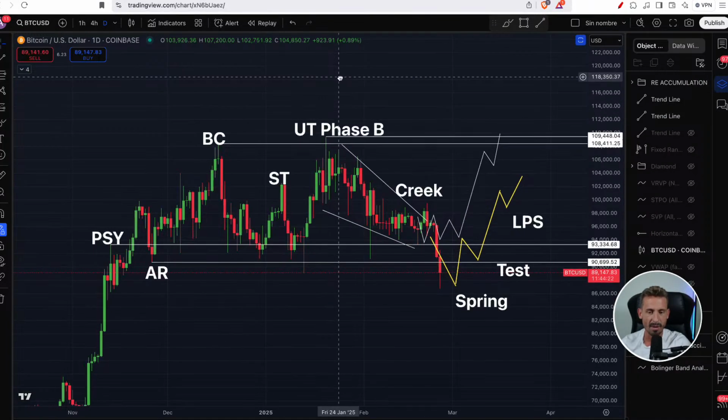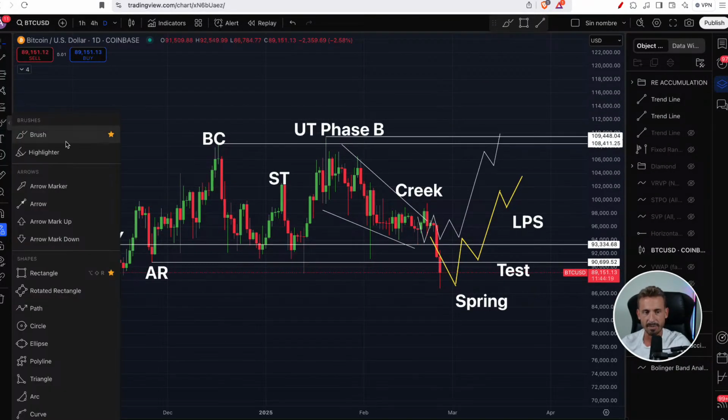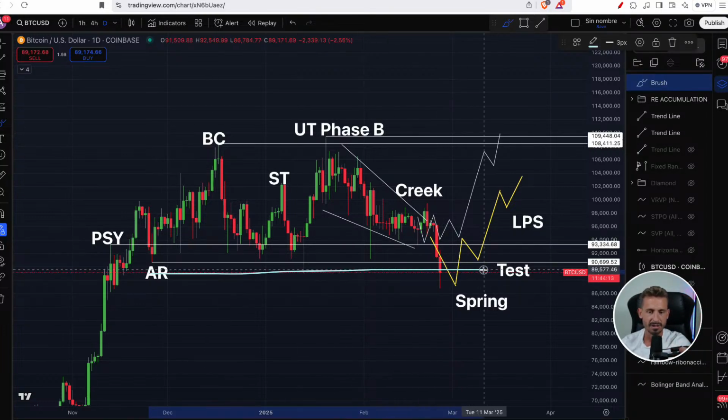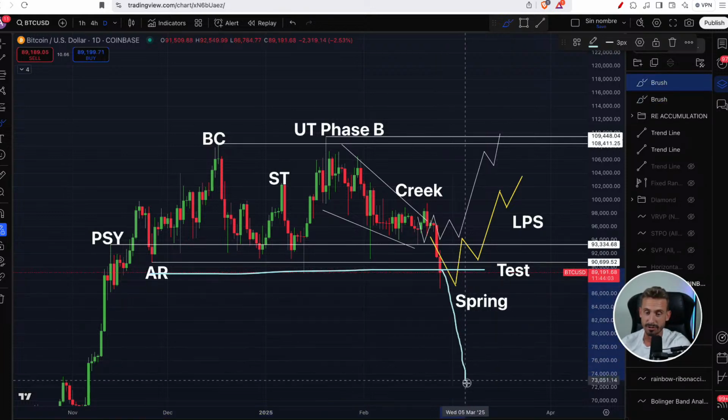We are talking about the reaccumulation schematic that we've been discussing throughout the last couple of weeks. Sweep up the lows. Is this the moment, or are there too many eyes looking at this, and this is not going to happen, and we're just going to go to much lower levels?